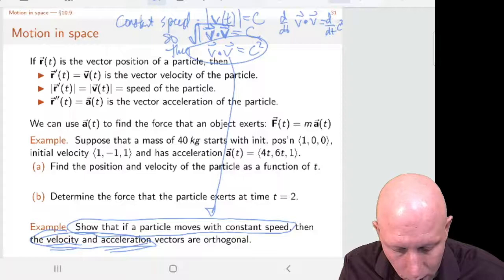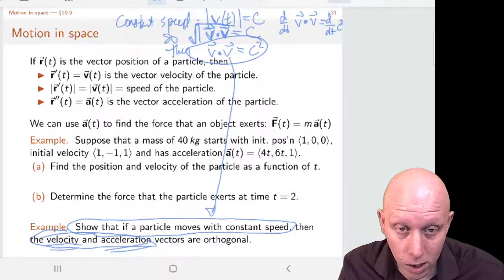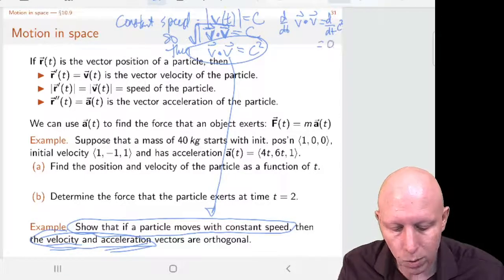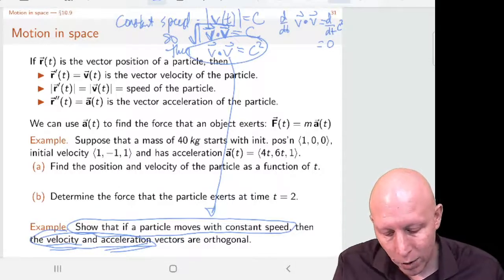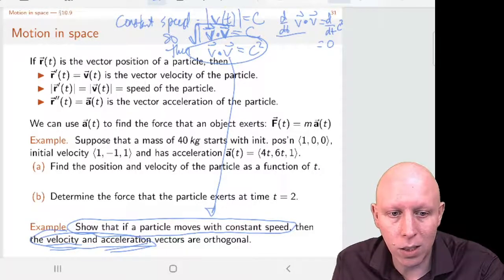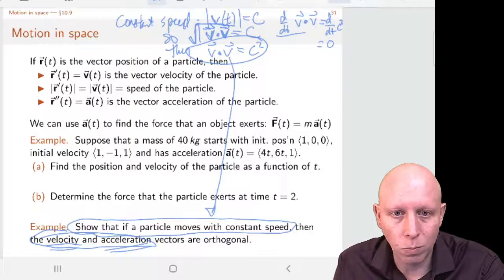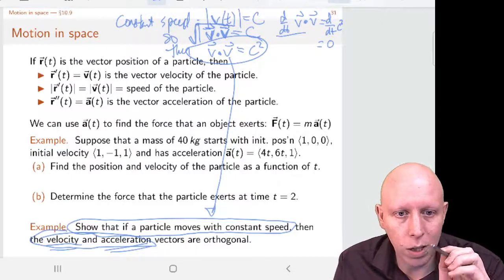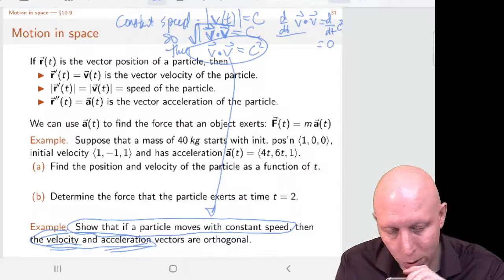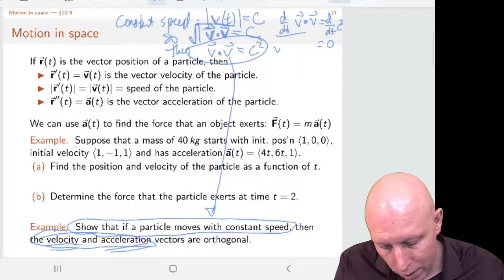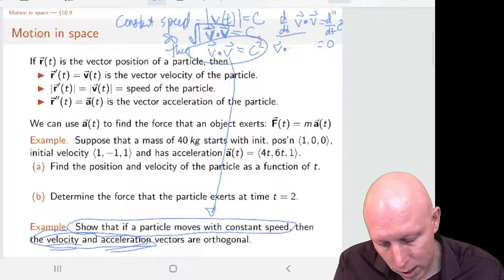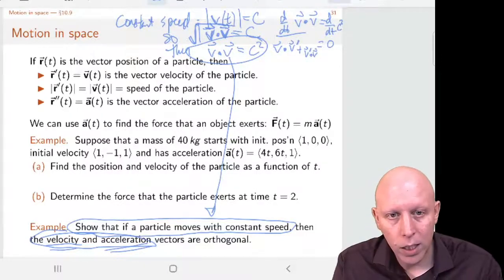Now c was a constant, c squared is a constant, so the derivative is equal to 0. And now we have a derivative of a dot product. So we have to apply that theorem that we had before, the product rule, and we get v dot v prime plus v prime dot v is equal to 0.